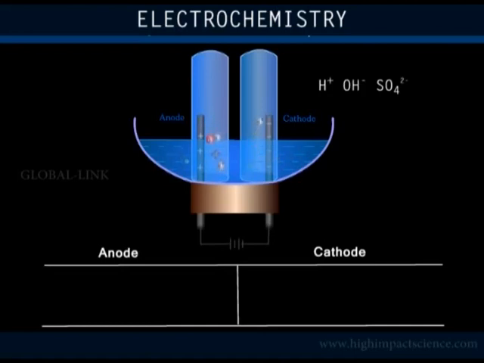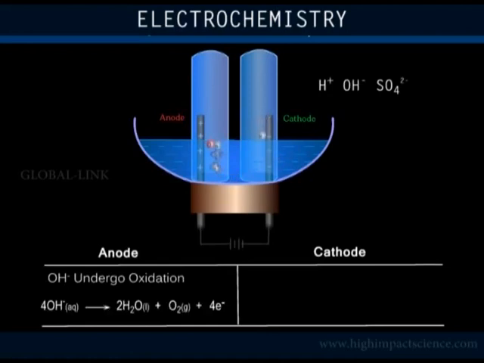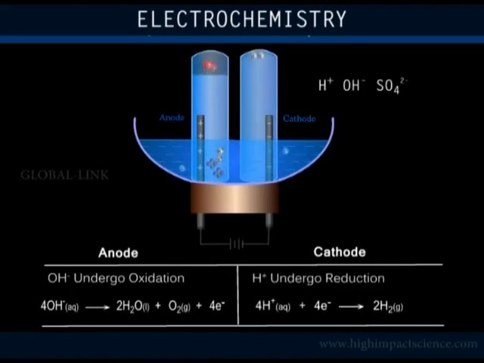At the anode, hydroxyl ions are preferentially discharged. They lose electrons to form water and oxygen.